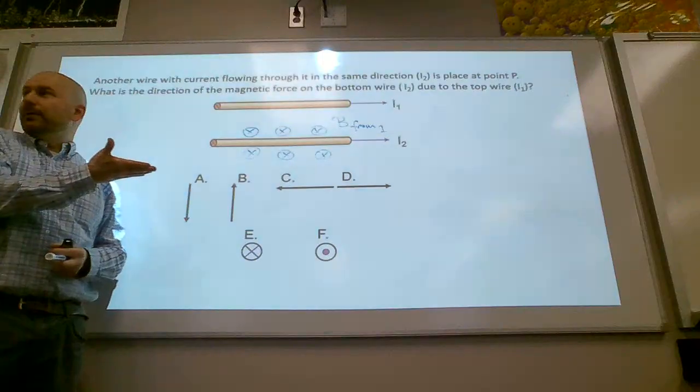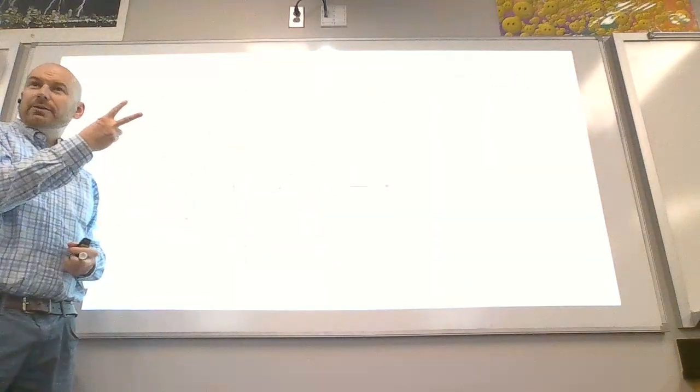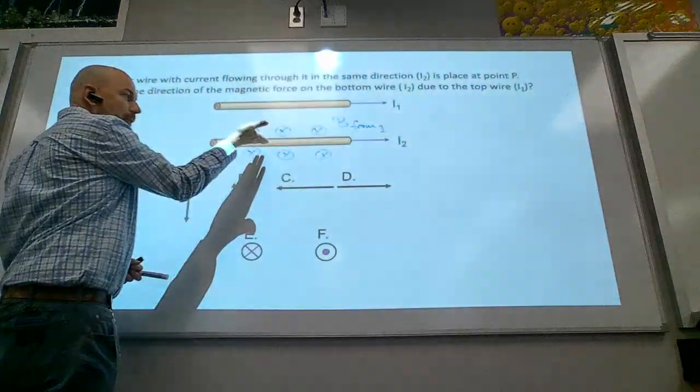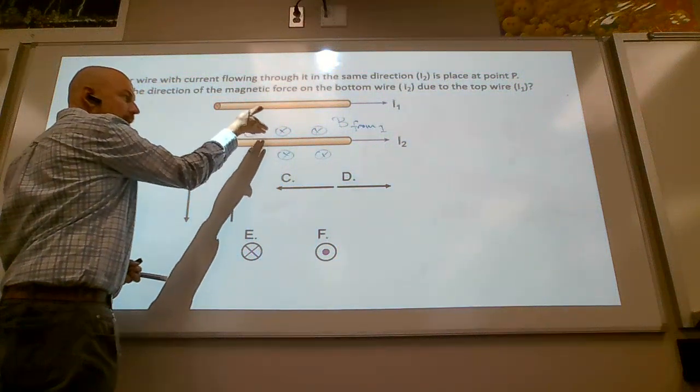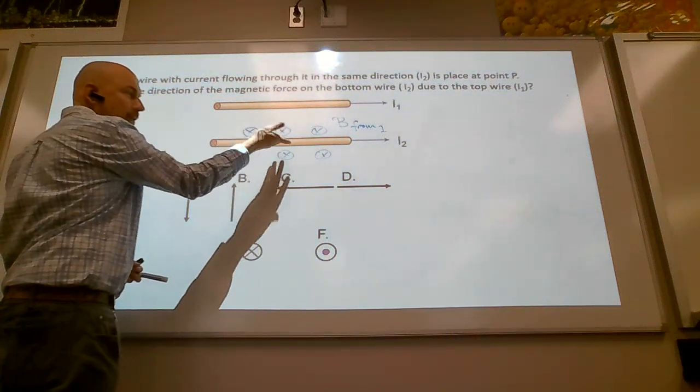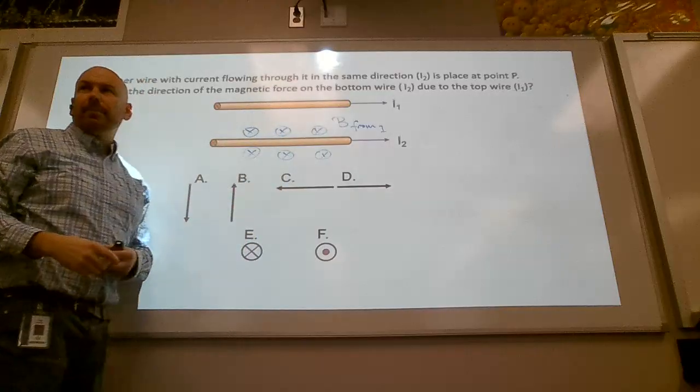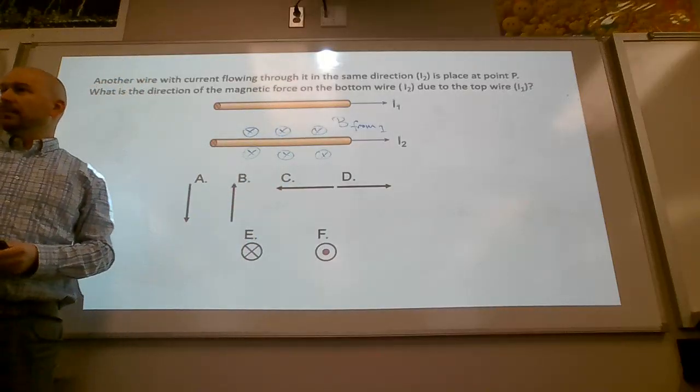It's going to experience a force. That's foundational fact number 2. Okay. Current flowing through this wire in an external magnetic field. Stick our fingers in the direction of magnetic field, thumb in direction of this current, being forced up. Good?